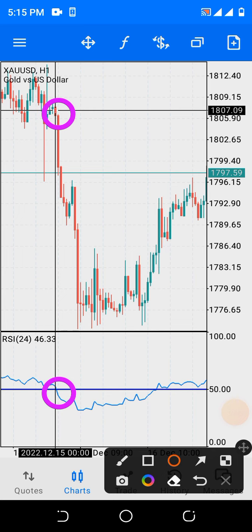My intention is for you to stop blowing your account and start making profit trading forex. As easy as that. You don't need any other strategy. This is the only strategy you need to trade gold and make consistent profits.